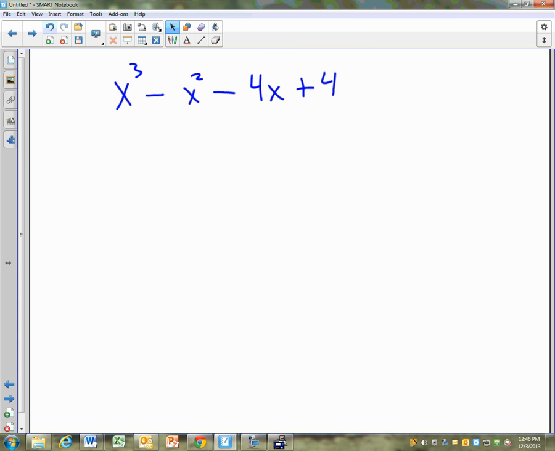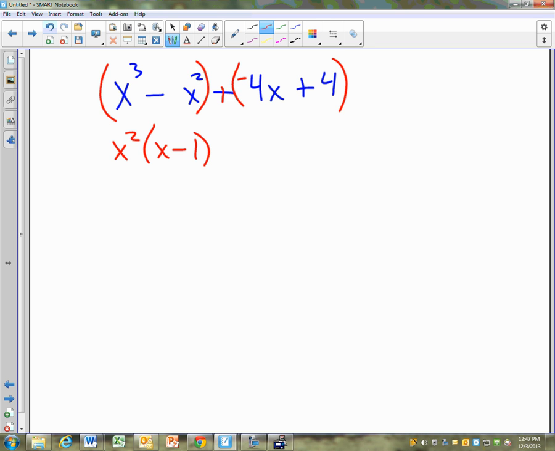Factors by a method of grouping. Very good. What can you take out of the front section? Second section? -4. What do both of those share in common?